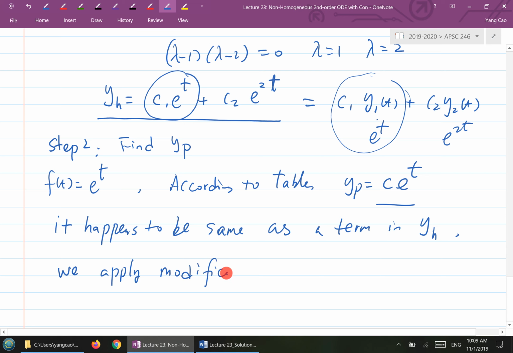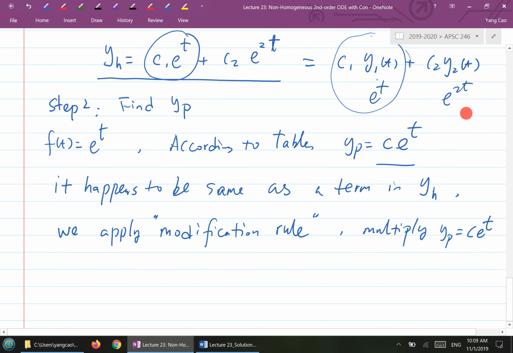To apply the modification rule, what you do is you multiply your initial choice with t. You multiply this one with t. That's how you apply the modification rule.